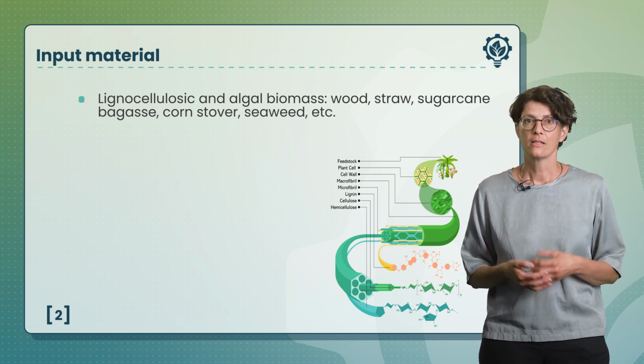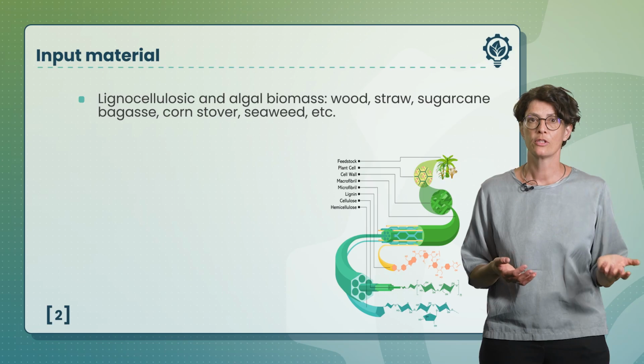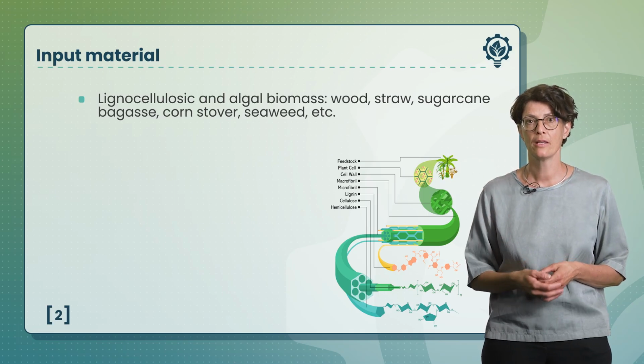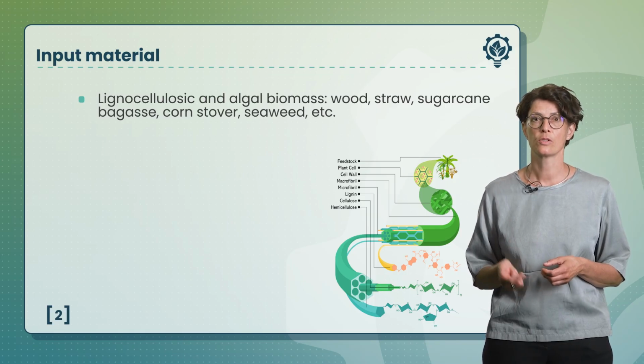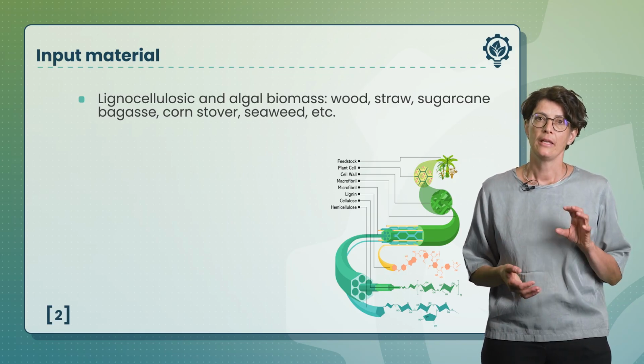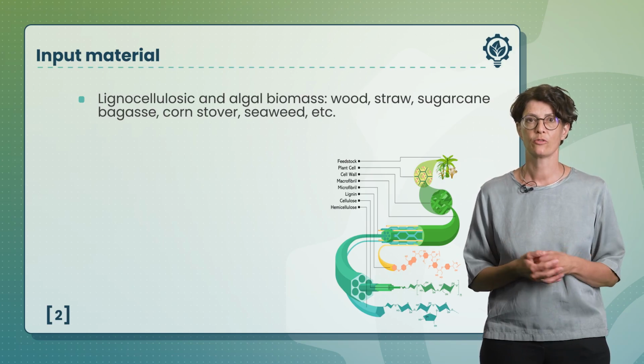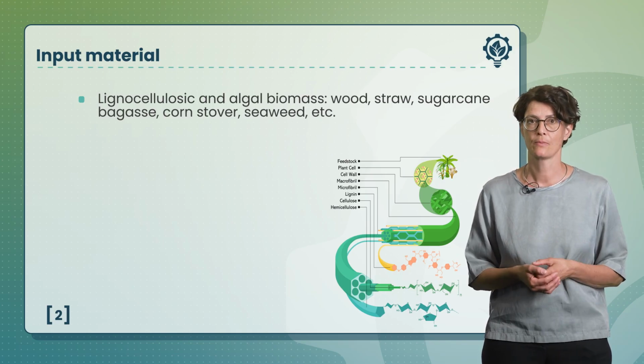Lignocellulosic material, such as agricultural and forestry residues, consists of three main parts, namely cellulose, hemicellulose, and lignin. In an economically viable biorefinery, all three parts of the biomass need to be utilized.